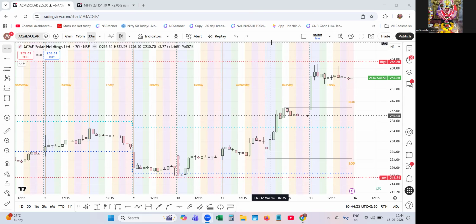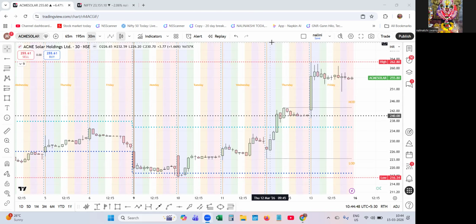It creates a base for the next week, where Monday and Tuesday establish the range for the week and Wednesday marks the base. Like that, intraday markets also move in time cycles.